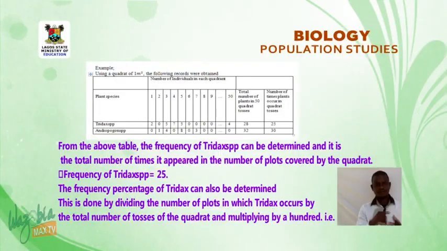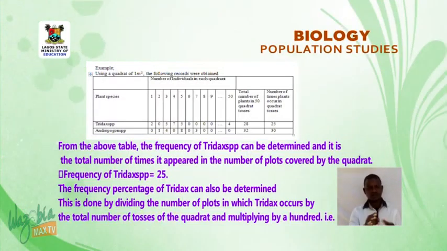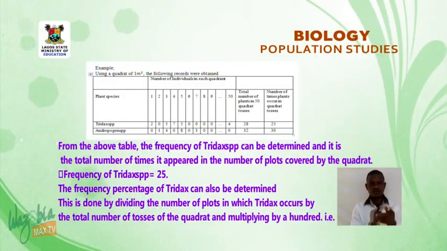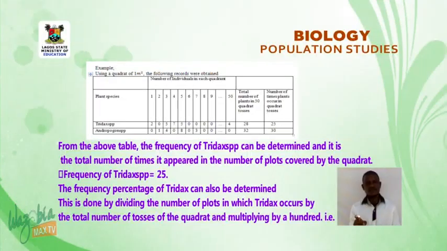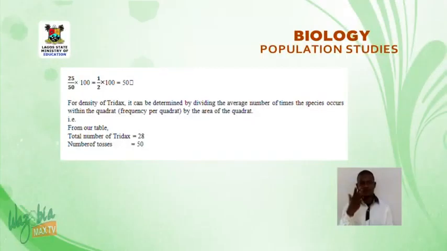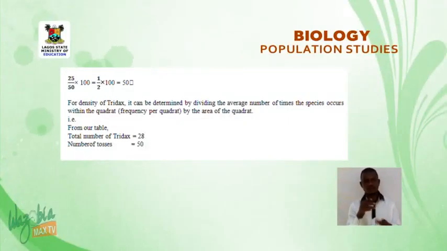The frequency percentage of Tridax can also be determined. This is done by dividing the number of plots in which Tridax occurs by the total number of tosses of the quadrat and multiplying by 100. That is 25 over 50 times 100, which gives us half times 100.